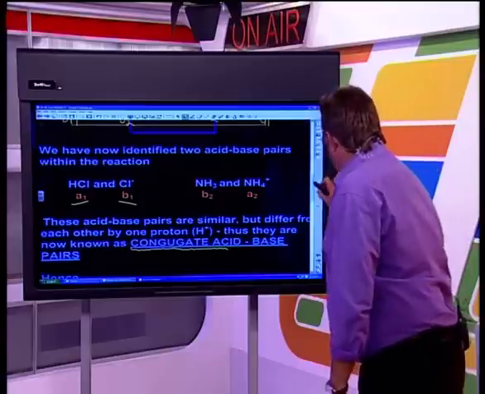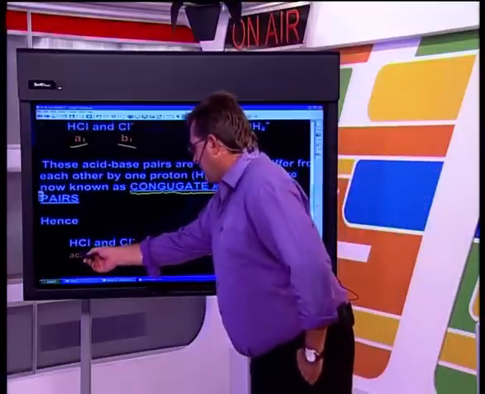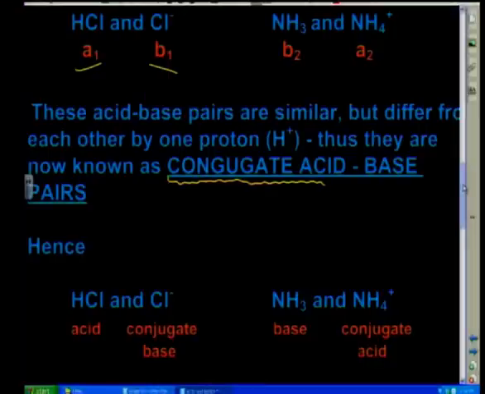How do we introduce that into the terminology? Well, if HCl acts as an acid, then the Cl minus is the conjugate base. It differs by one proton. And if NH3, the ammonia, is acting as the base, then the ammonium ion, the NH4 plus, is the conjugate acid.